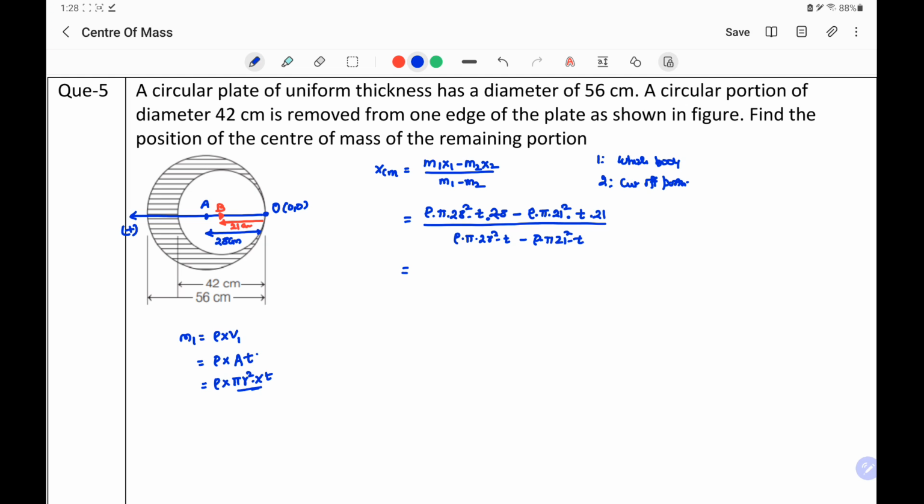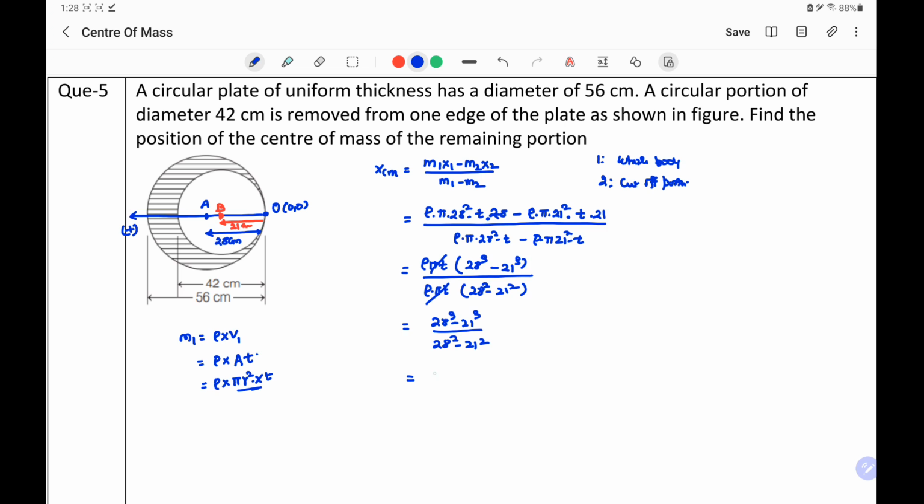So here we can take rho, pi and t common. So remaining is 28 cube minus 21 cube divided by 28 square minus 21 square, since rho, pi, t get cancelled.